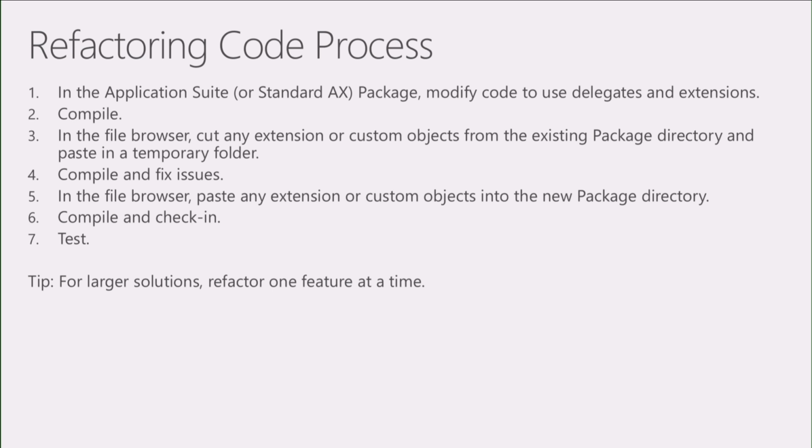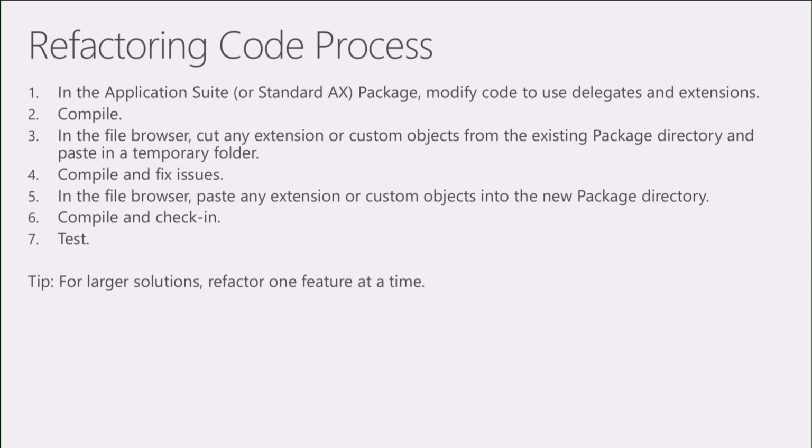Like I said, everything comes into the application suite packages, or the standard Microsoft packages, when you go through the upgrade process. So in general, when you do upgrade, you want to first refactor your code inside the application suite. So you're making sure everything that could be extension based is an extension, or if you have to do overlayering, making sure that it's done in the right way. And of course, make all that compile.